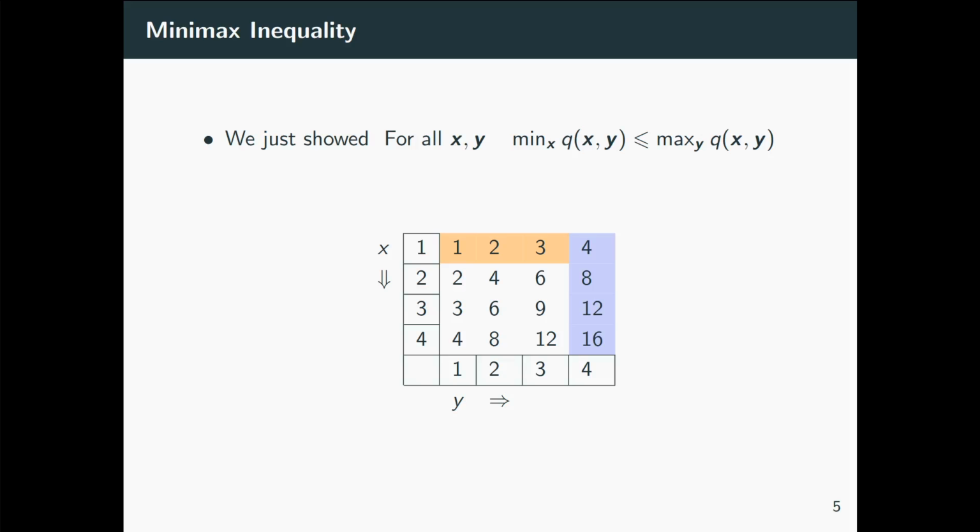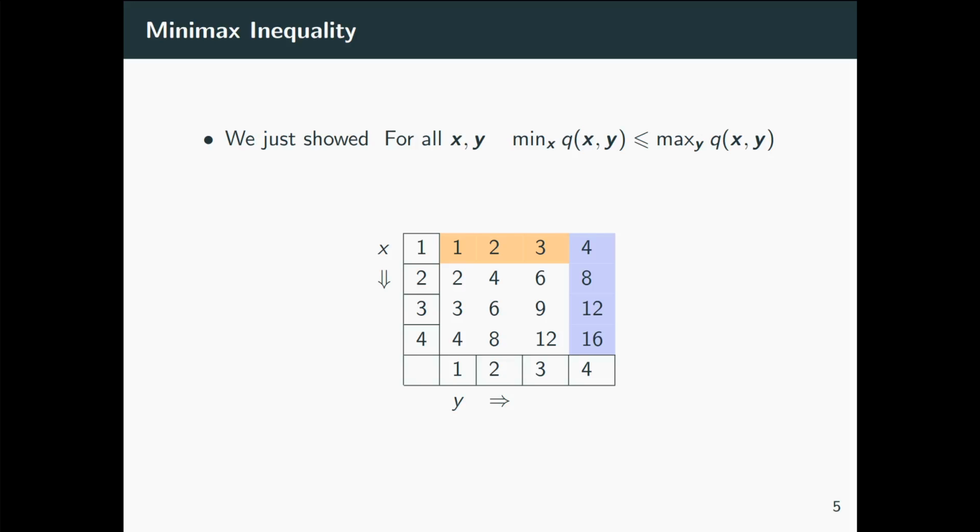If you look at all the different functional values that you've obtained, 1, 2, 3, 4, when you were trying to minimize with respect to x, you'll see that each of them is lesser than or equal to the values that you obtained in the maximization, in the right hand side function, right? And the equality occurs at this particular point when x equal to 1 and y equal to 4.